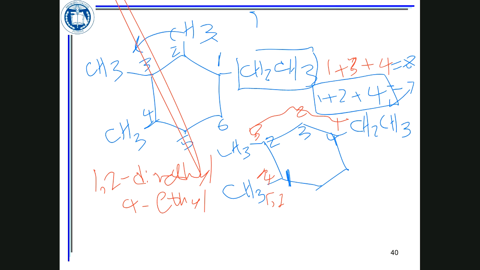But when you are writing, you still write in alphabetic order. So you're going to name this as 4-ethyl-1,2-dimethylcyclohexane. So we name the branches first and then put them in alphabetic order: 4-ethyl, 1,2-dimethyl, and cyclohexane.